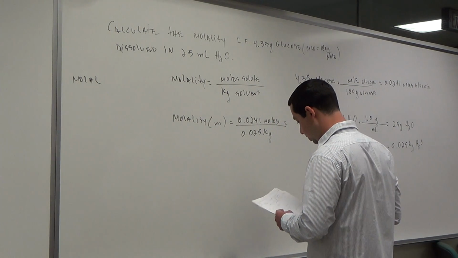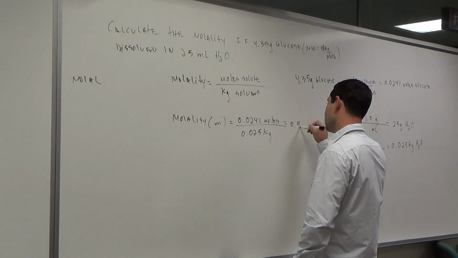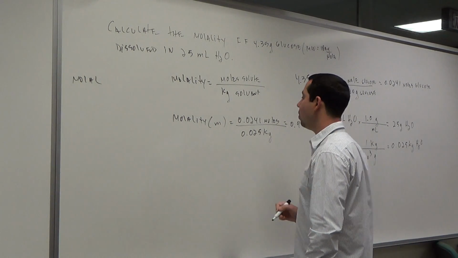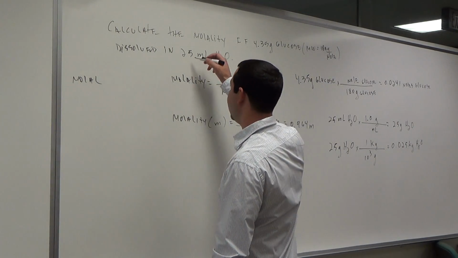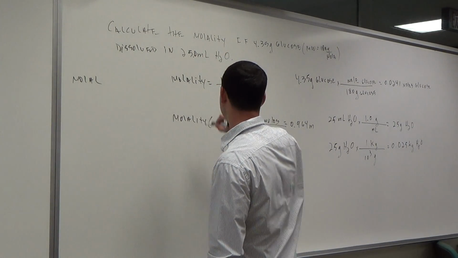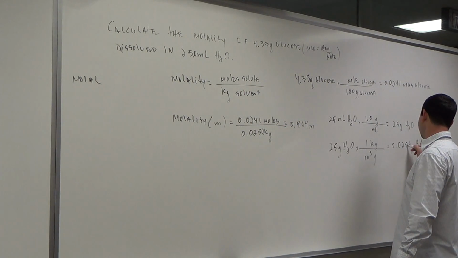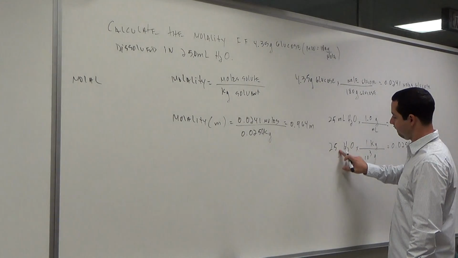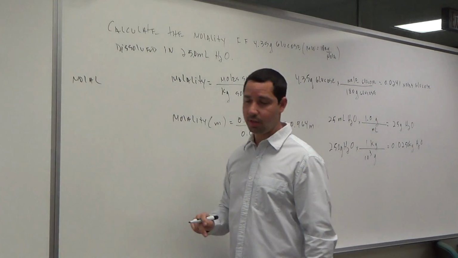What does that give us? 9.64 molality. This was supposed to be 25.0, so there's a 0 here, and a 0 here, and a 0 here, so it ends with 3 sig figs.